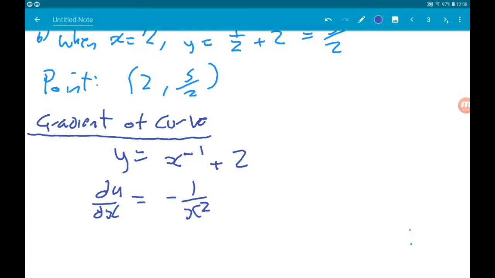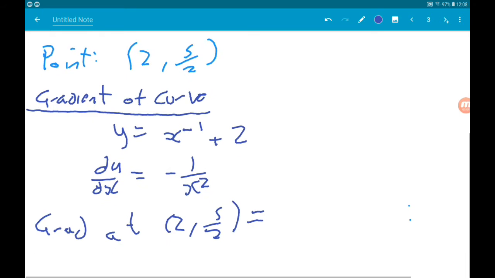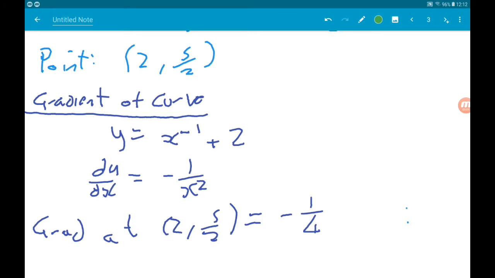So, the gradient of the curve at (2, 5/2), well, we just substitute in the x value. So we get minus 1 over 2 squared, minus 1/4. So now we know the gradient of the curve at the point, we can now work out the gradient of the normal.